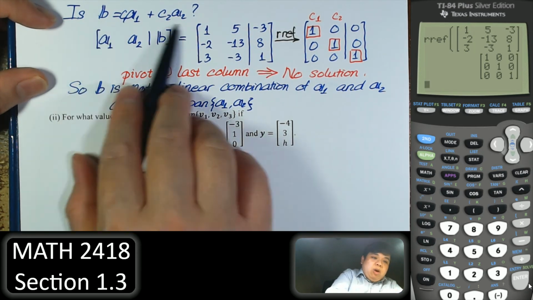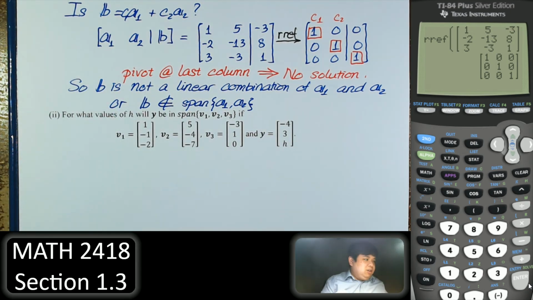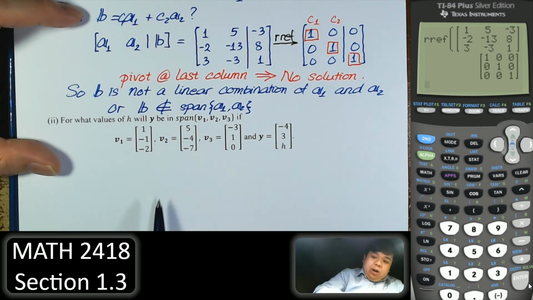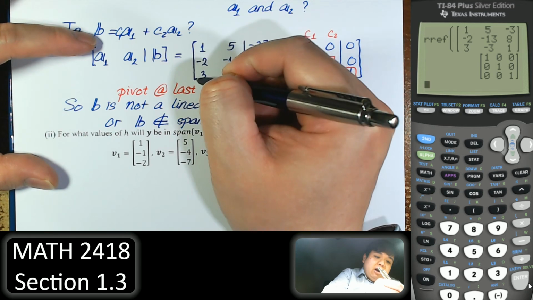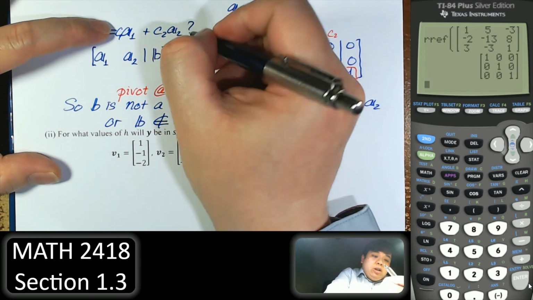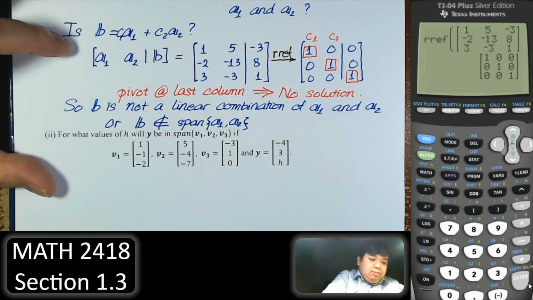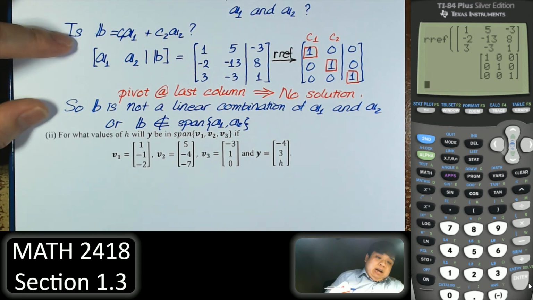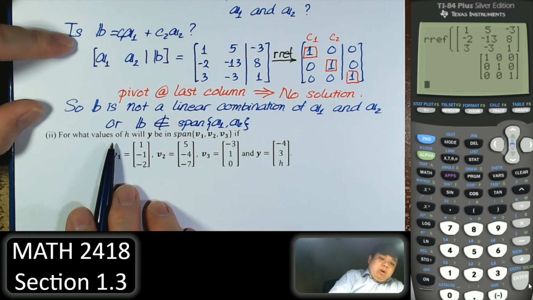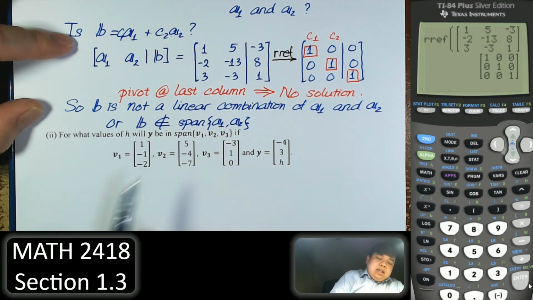Again, I just want to write something like that, so we have the variables C1, C2, C3. Notice that this column A1 corresponds to the variable C1, or the weight C1. For what value of h will y be in the span of that?